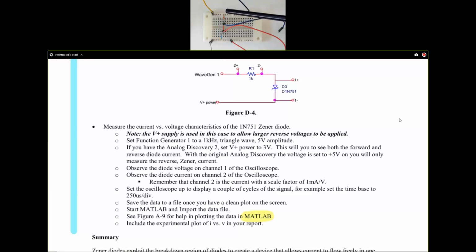From that point, I have a 1 kilo ohm resistor from WaveGen to a different point, and then I'm going to jump that to a place where I connect the blue diode here. So right now I have the Zener diode in the blue color. It can be in different colors, but the new equipment that we got for Zener was a Zener with a color of blue with black markings on it, which is honestly much easier to read.